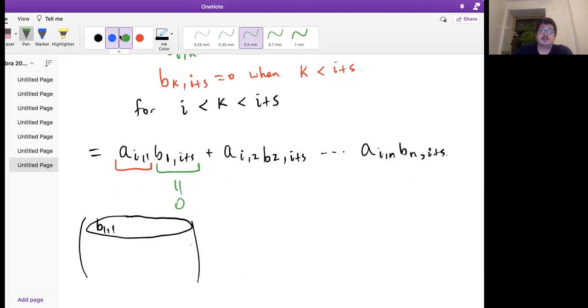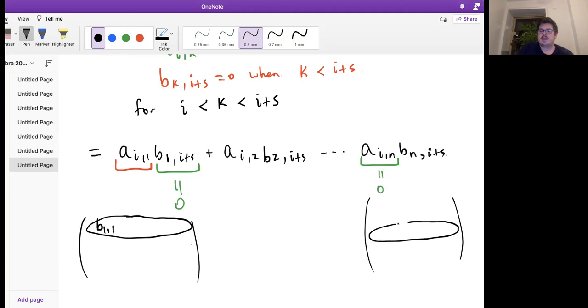So going down, in the last term here, would you agree that A_in has to be 0? I'm on the ith row, and n is the last entry. Would you agree that that has to be 0?